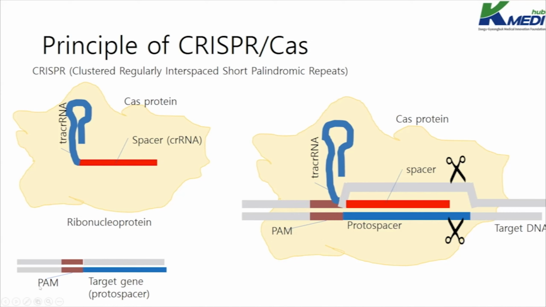This PAM should be on the target gene. Otherwise, the Cas protein cannot recognize the target. And the PAM sequence differs between Cas proteins, so at the beginning, the PAM should be considered. That is the CRISPR.